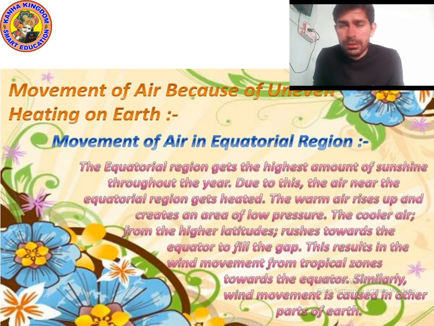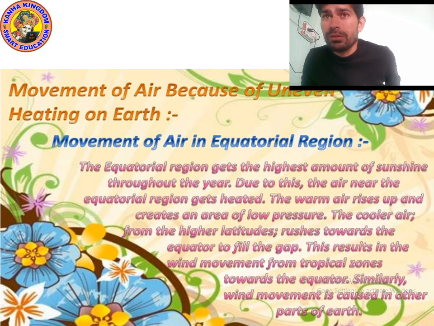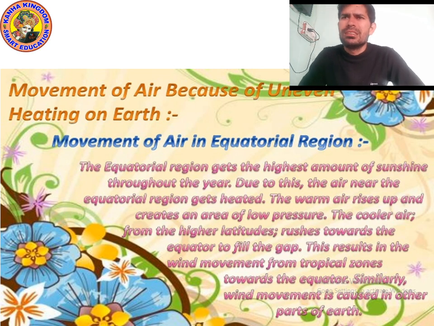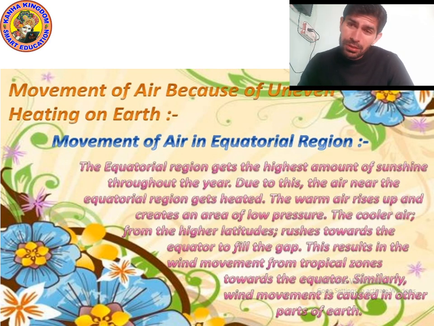Okay, so let's talk about the movement of air in the equatorial region. Then we will discuss land and water. The equatorial region is that region where the temperature can be 15 degrees Celsius in winter, in summer can be 40 degrees Celsius or more, and it is the area where heavy rain occurs.